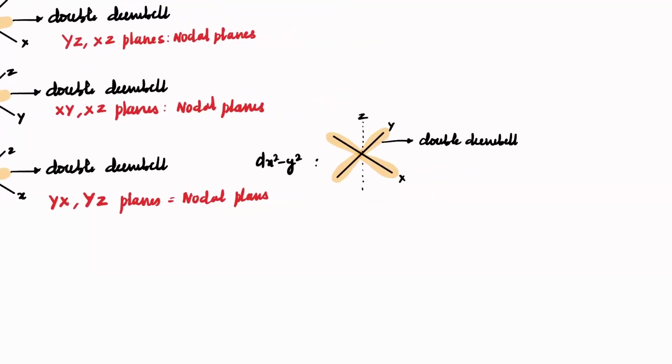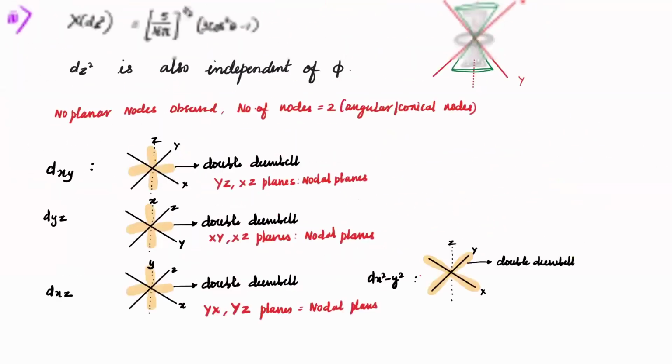Correct? Then the last case, it is the plane passing through the center of it. So this is the x and y axis center, and another one here, x and y axis center across the z axis. Correct? We don't have to worry about writing exactly where it is, but you should know how the orbitals look.